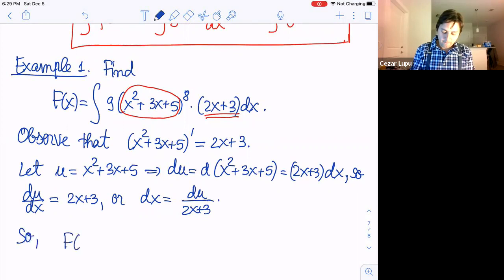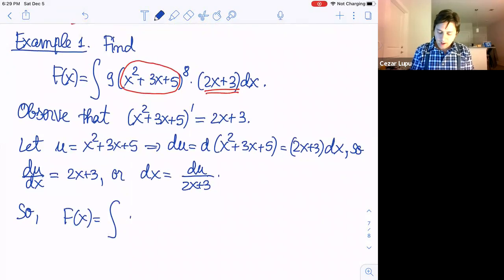So f of x will be the integral of 9u to the power 8th, right? And now (2x plus 3) dx will be du, right?